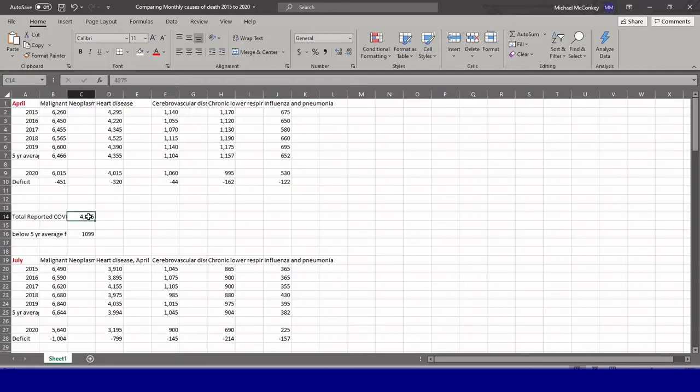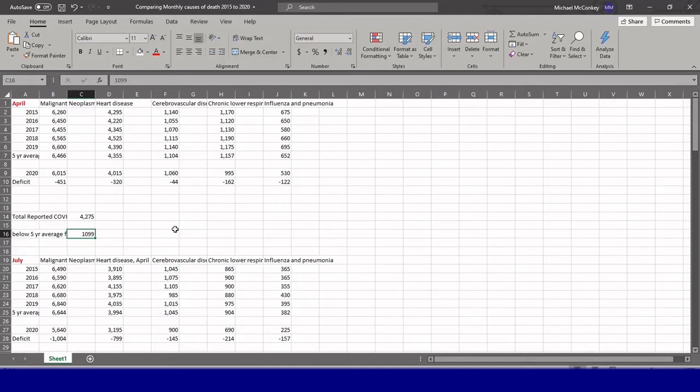And so the total number of deaths from COVID in April was 4,275, and the deficit, remember how I'm using the word deficit, was 1,099.